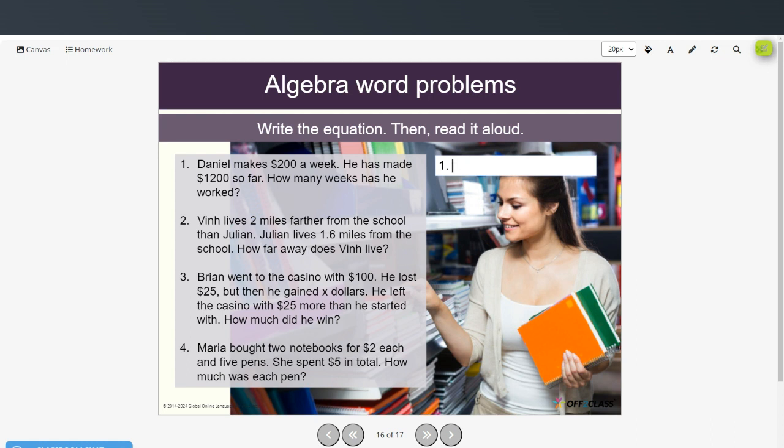So $1,200 divided by $200 per week equals 6 weeks.